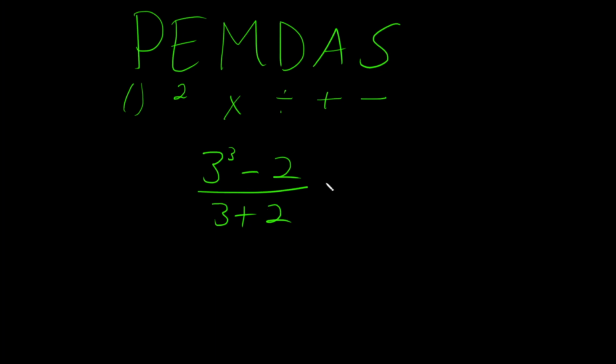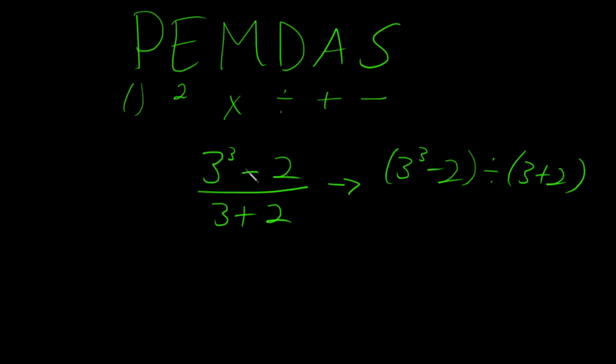In other words, this is kind of the equivalent to putting these in parentheses, 3 cubed minus 2, then divided by what's in the parentheses on the bottom, 3 plus 2. That way we know we have to take care of just the numerator and just the denominator before we can go ahead and divide.